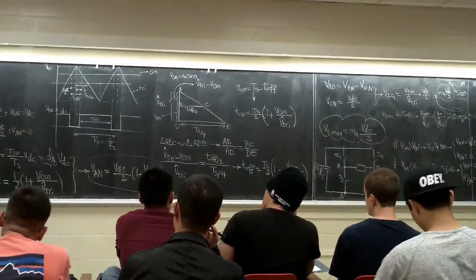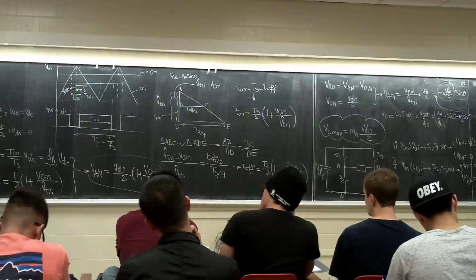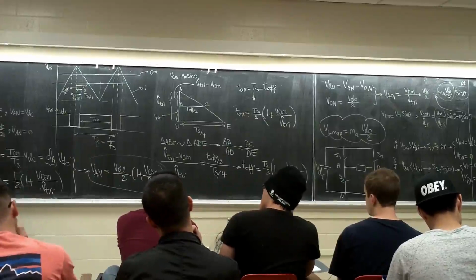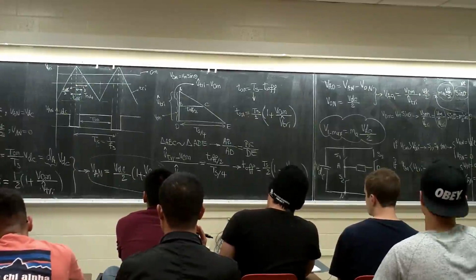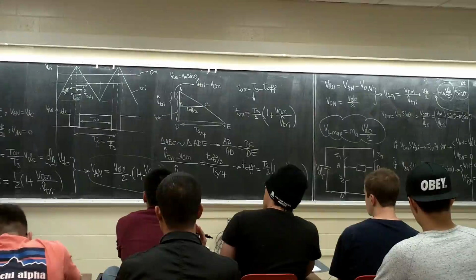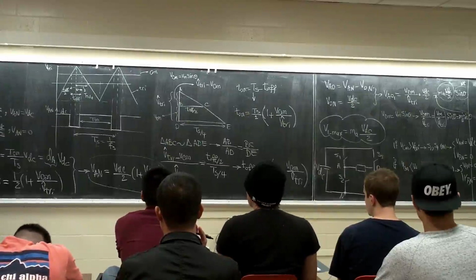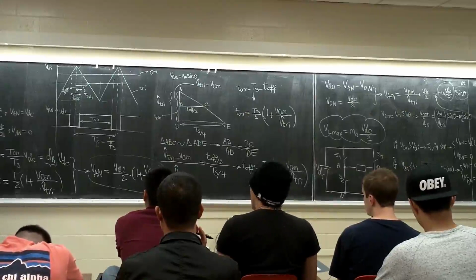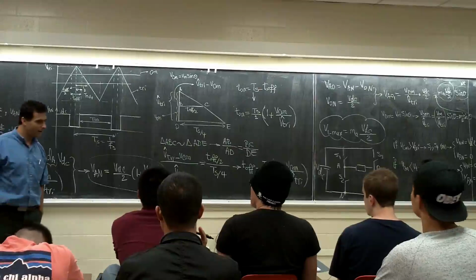How about if I'm going to calculate the VBN? I should see how much the switch B is on, divided by TS. How much is switch B on? TS minus T on? Why?